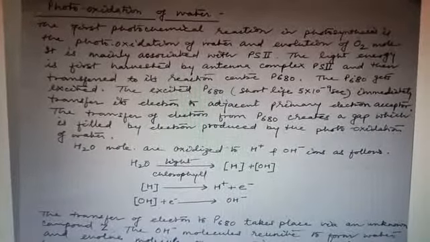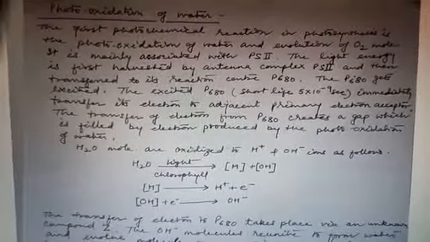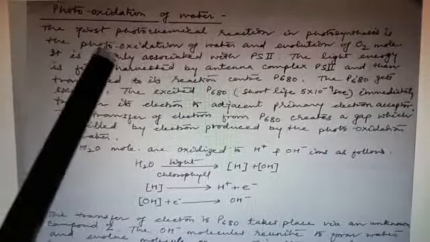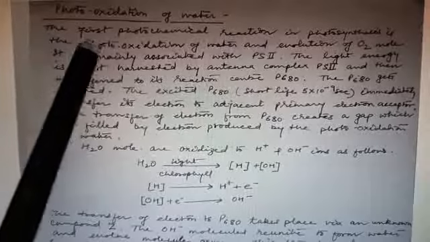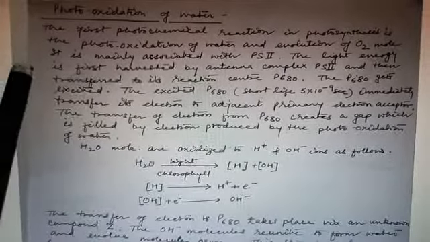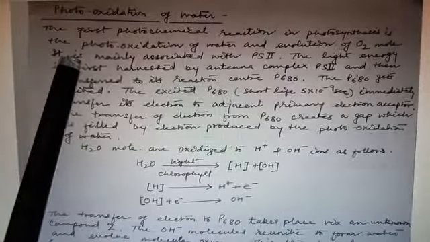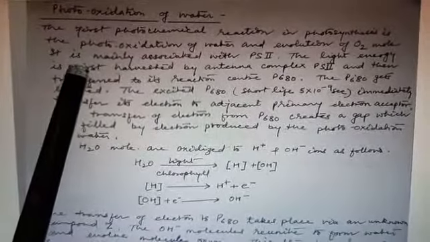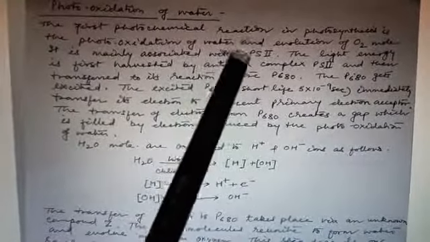This photooxidation of water is the first photochemical reaction in photosynthesis, and the evolution of oxygen takes place during this reaction. It is mainly associated with pigment system 2. The photolysis of the water molecule takes place at pigment system 2.